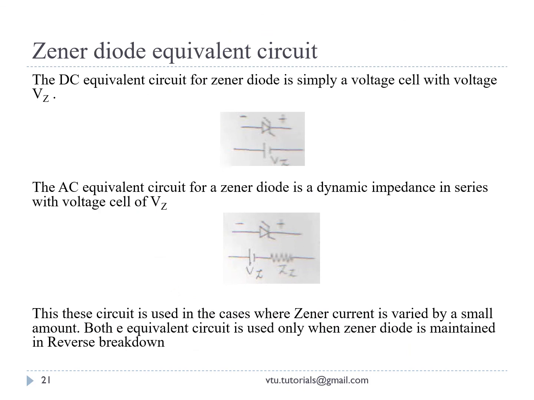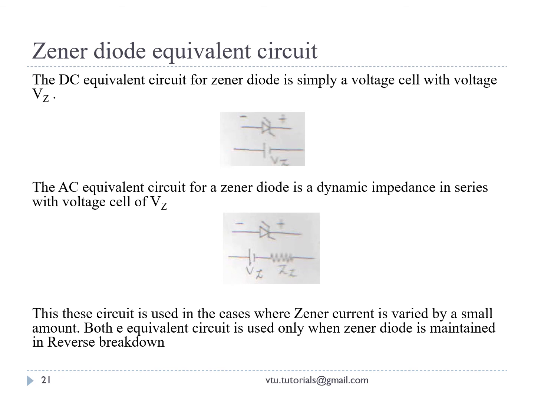Similar to our normal PN junction, we can write the DC equivalent circuit. You already know what an equivalent circuit is, why we go with an equivalent circuit, and what a DC equivalent circuit is. With the application of DC voltage, we know that it is always taken in the reverse breakdown region only. So here the Zener is reverse biased.